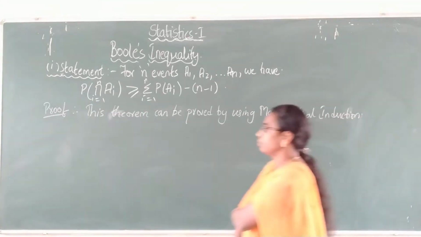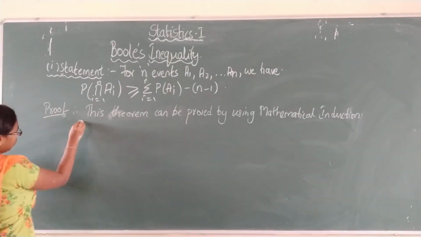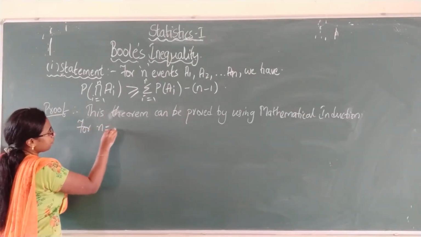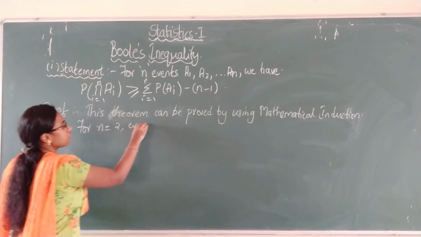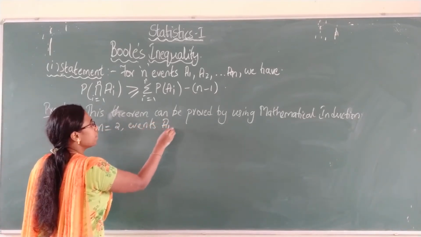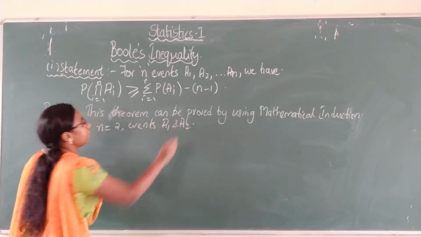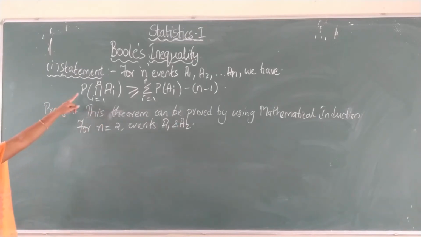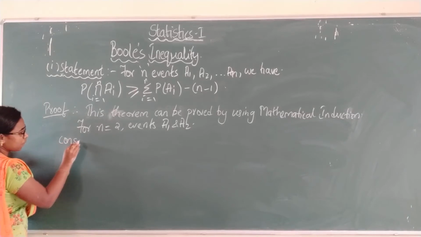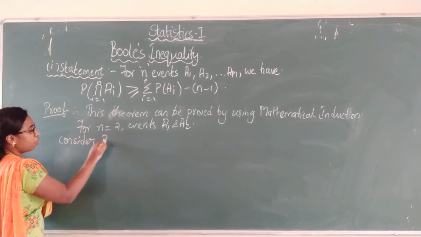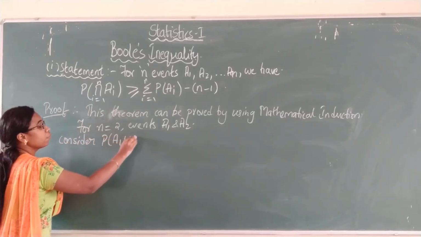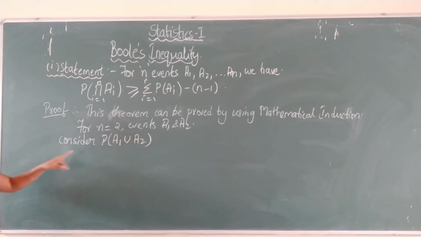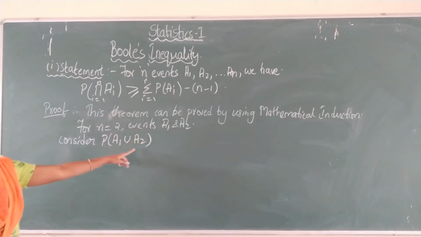So first, for n equals 2 events. What are those two events? A1 and A2. We have to prove the probability of A1 intersection A2. For this, consider P of A1 union A2, the probability of the event A1 union A2.